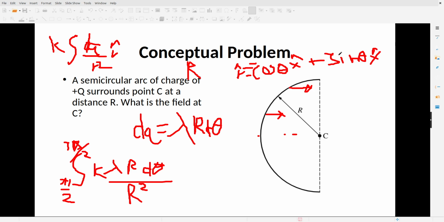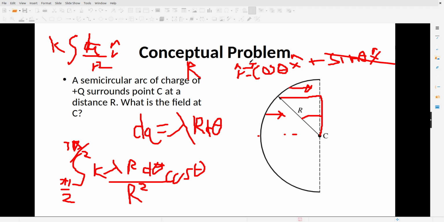And as we said, the y part goes away. R hat is just cosine theta x hat. What's the cosine of theta? We can just do this in terms of theta. Okay, this is going to be positive.